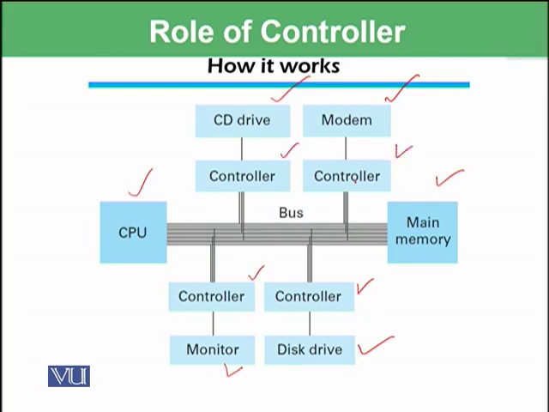And these controllers, because they are also connected with the bus, communicate with the CPU using it. For example, if there is a signal from the CD drive that the CD has been ejected or inserted, that signal will be passed to this controller, and this controller using these wires will communicate with the CPU.